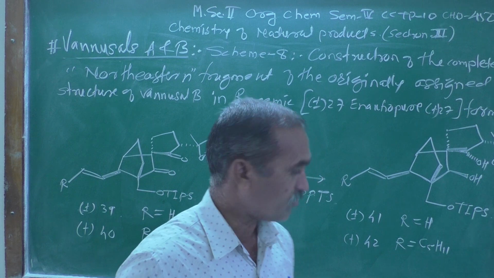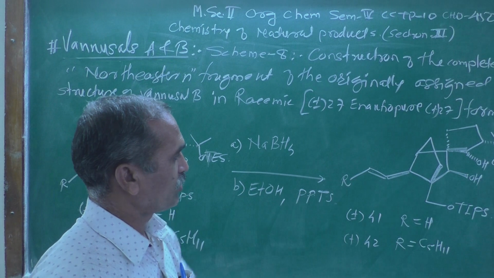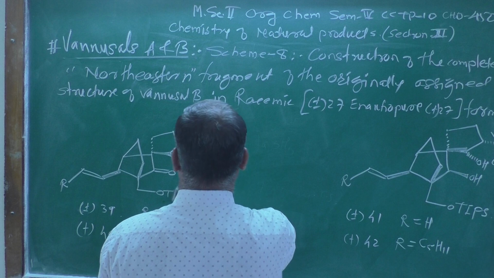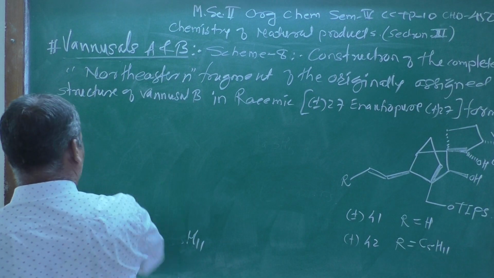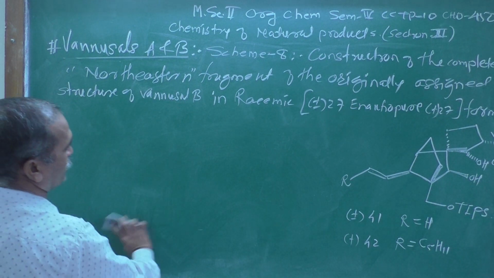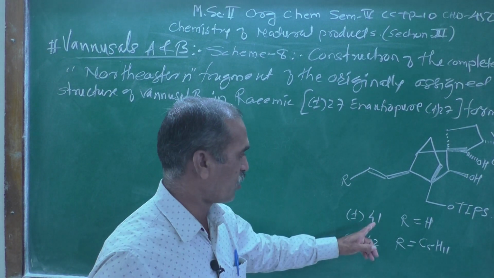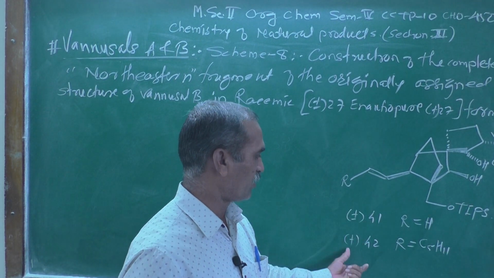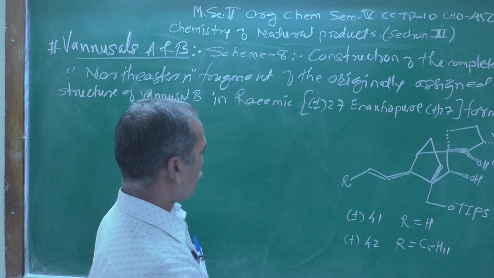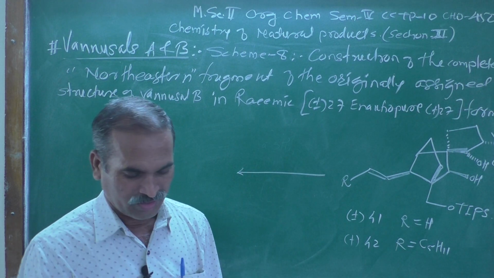Now pay attention here. Due to the limitation of the blackboard, I am showing the structure exactly, so don't get confused. This is the structure we got, racemic mixture 41 and enantiomerically pure dextro compound 42. Now I am showing an arrow.